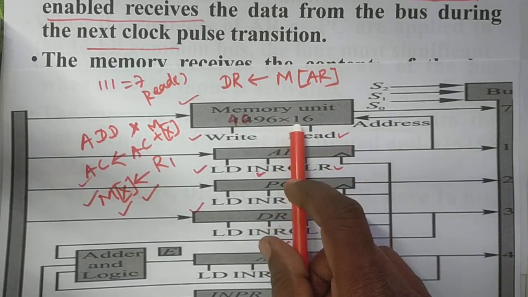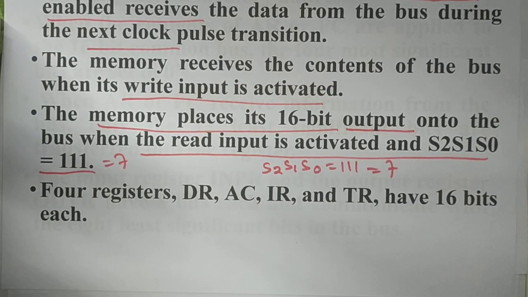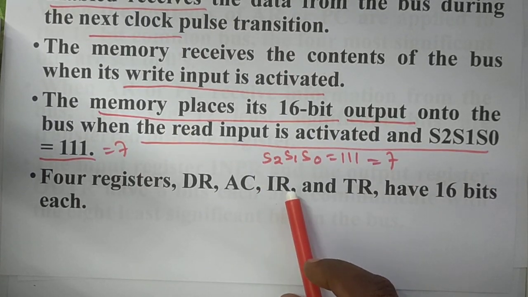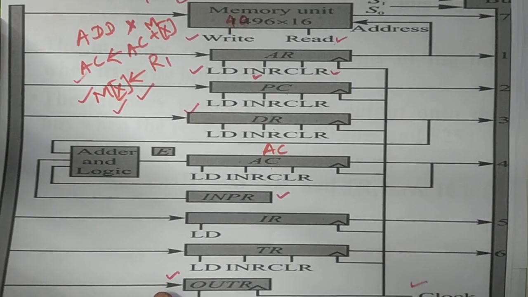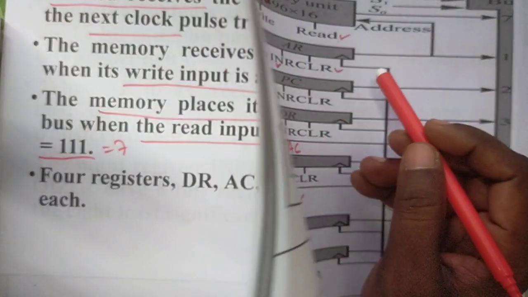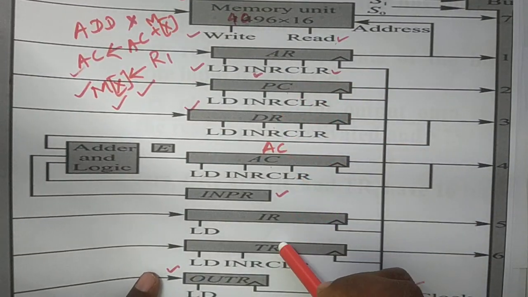Then automatically 16-bit data is transferred to the common bus. Okay, the 4 registers I have already told, DR, AC, IR, TR, have 16 bits capacity.